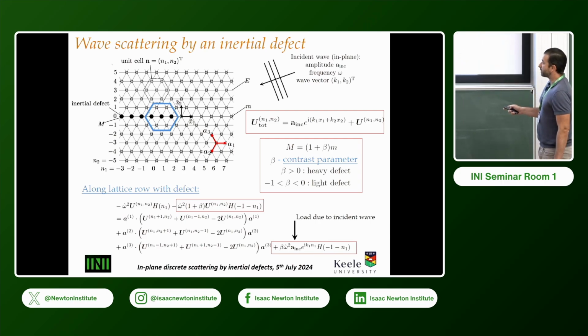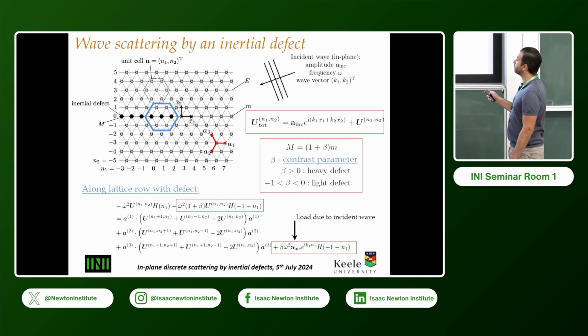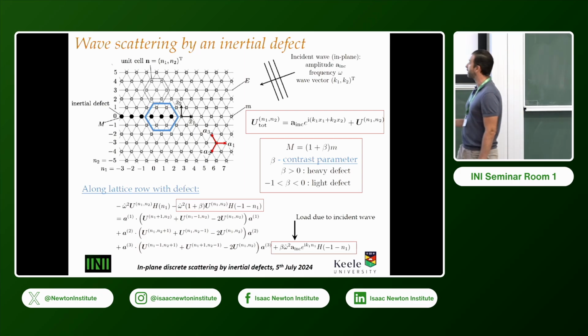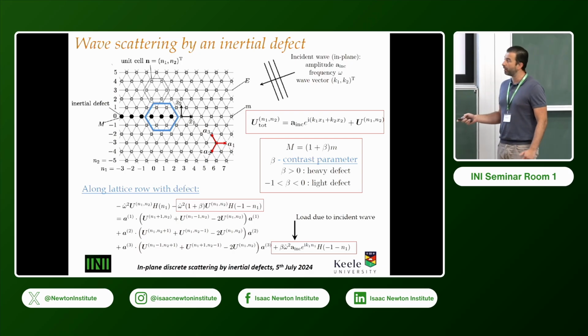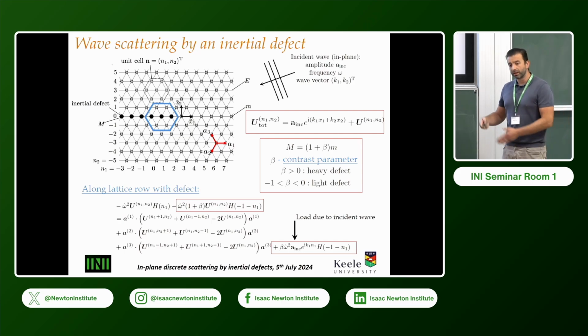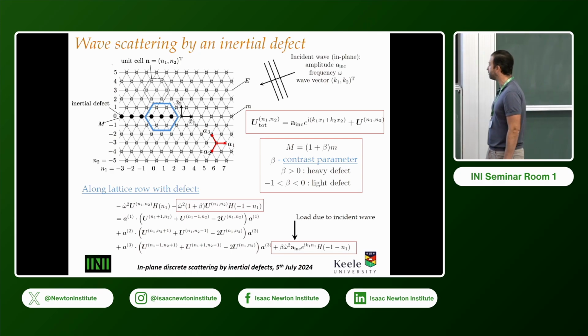Now, in this is a contrast parameter beta that results from our normalization, and beta simply relates the mass of the nodes outside the defect to the mass of the nodes along the defect. So if you look at this expression, if beta is greater than 0, masses along the defect are heavier than those outside. We call this a heavy defect. And for a similar reason, when beta is less than 0 and greater than -1, we have a light defect.